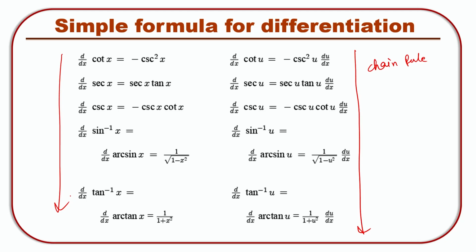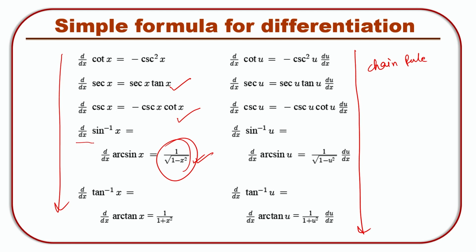So the derivative of cot x is equal to minus cosec squared x, the derivative of sec x is equal to sec x into tan x, and the derivative of cosec x is equal to minus cosec x into cot x.